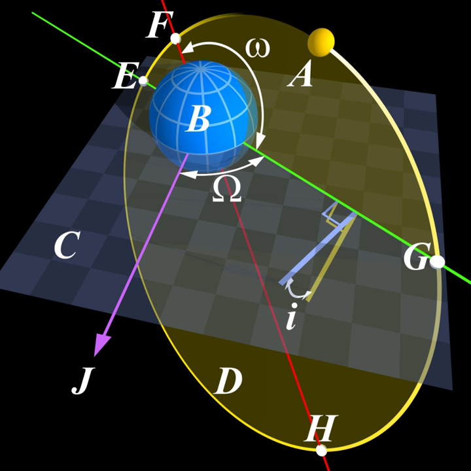First law of Kepler: the orbit of every planet is an ellipse with the Sun at one of the 2 foci.